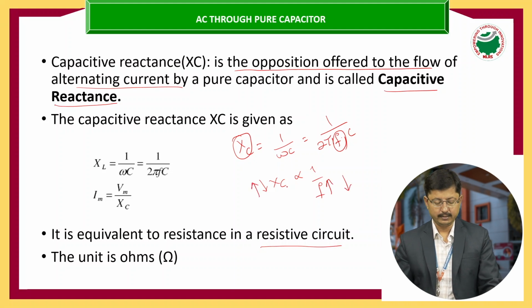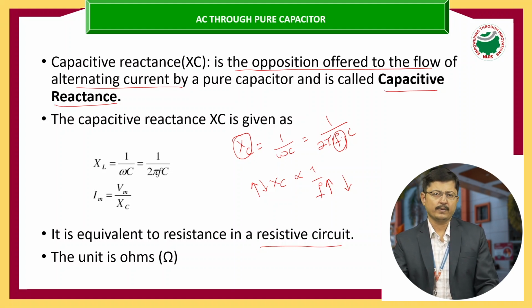The unit for capacitive reactance is ohms, same as resistance. As we have seen, inductive reactance has the same unit, ohms, so the property is the same for capacitive and inductive reactance: it opposes the flow of alternating current.